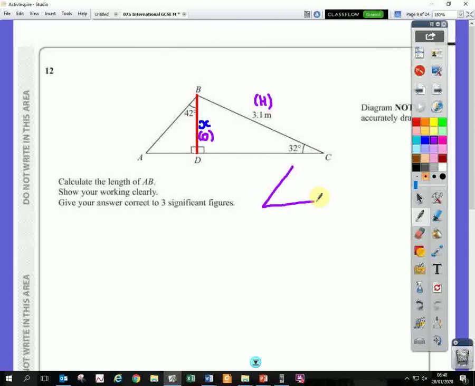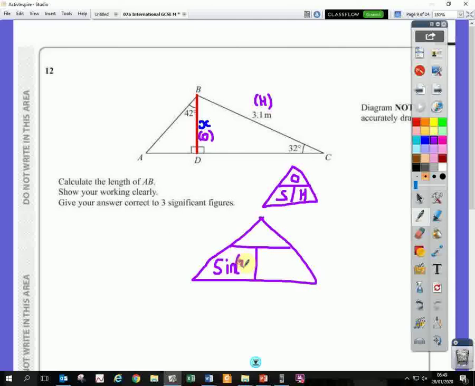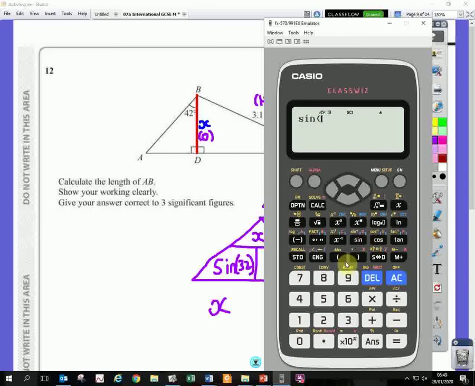So if we draw the SOH triangle, and attempt to fill it in, we have sine 32, x and 3.1. So cover x, and sine 32 and 3.1 are next to each other, so do sine 32 times 3.1.